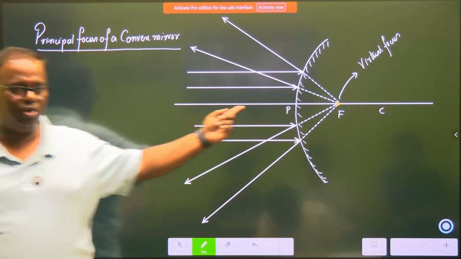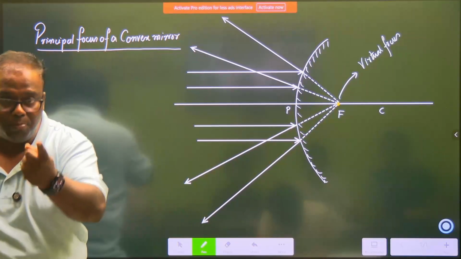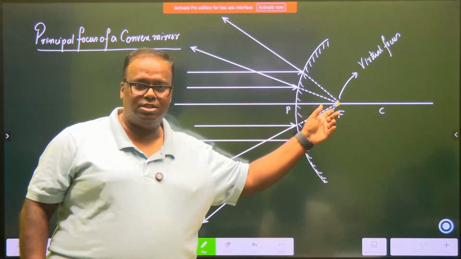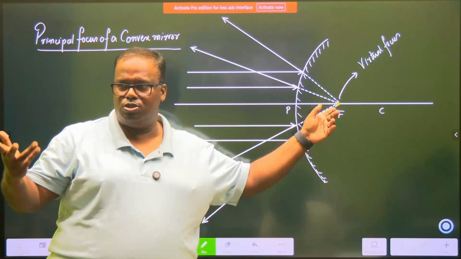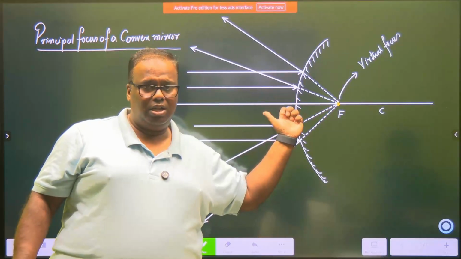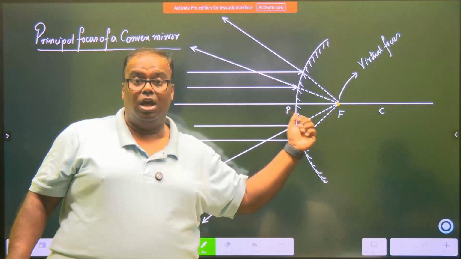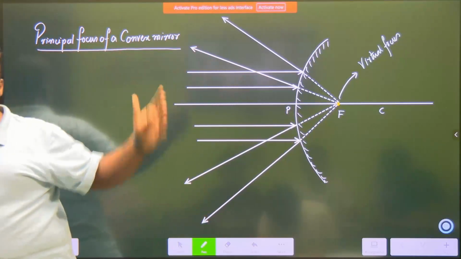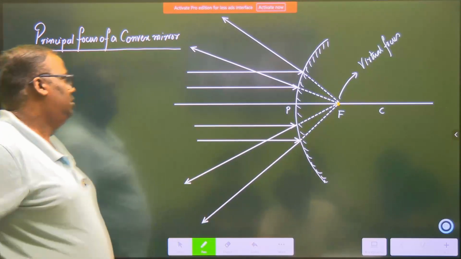The principal focus of a convex mirror is the point on the principal axis where, what happens? What is so special about this point? From where rays parallel and close to the principal axis appear to diverge out. Use the word diverge out.